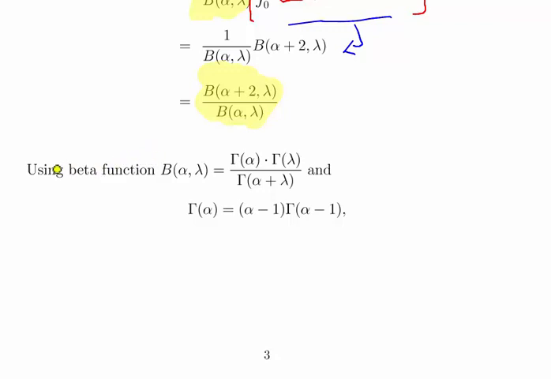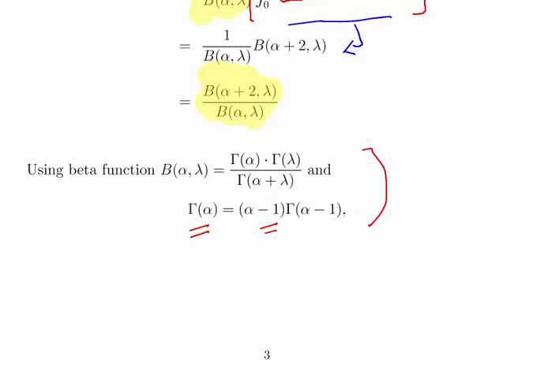Using the beta function of alpha and lambda, that is equal to the gamma function of alpha times the gamma function of lambda divided by the gamma function of alpha plus lambda, and also the gamma function of alpha can be expressed as alpha minus 1 times the gamma function of alpha minus 1.